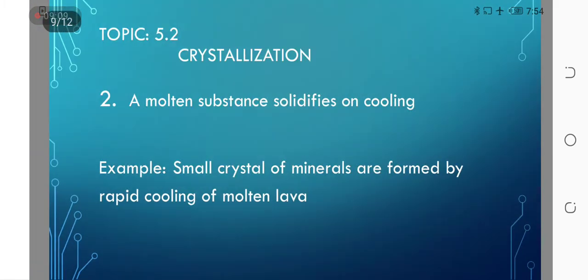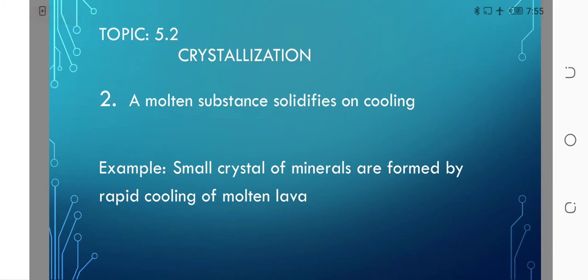Now come towards the second method by which we can form crystals. The second method is that a molten substance solidifies on cooling. So the substance is in a molten state and we have to solidify it by cooling. When a hot molten substance cools down and solidifies, it turns into the crystal form.